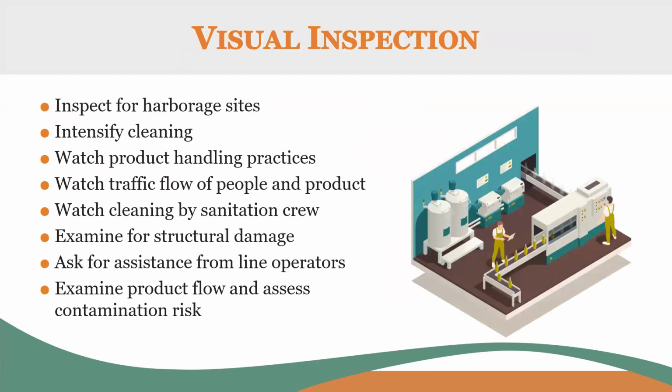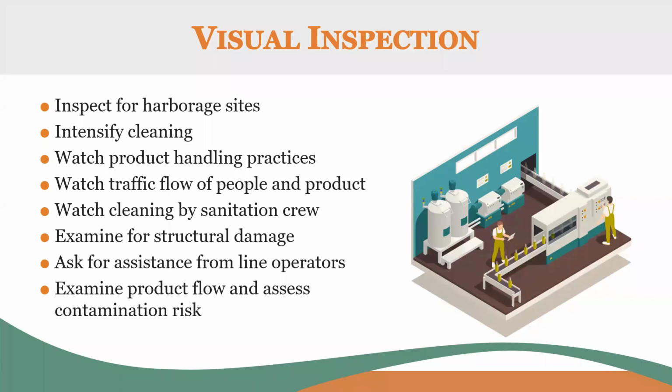So, of course, to begin, a little bit about visual inspection. When an environmental contamination issue arises, one of the first things needed is a visual inspection and a walkthrough of the facility. You're going to inspect harborage sites, intensify your cleaning. You're going to watch product handling practices.